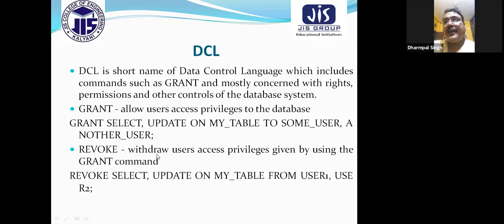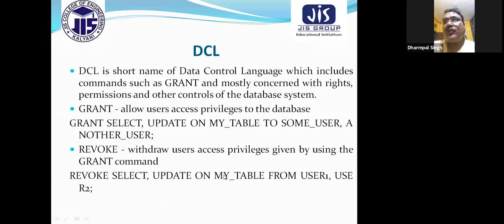Revoke means suppose I have seen that after giving the grant they are misusing things. So whatever grant I have given, I can also revoke it. Withdraw the user access privilege given using the grant command. You can see revoke select, update on my table from user 1 and user 2.